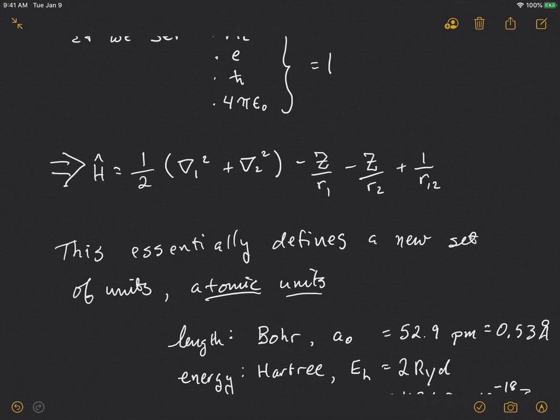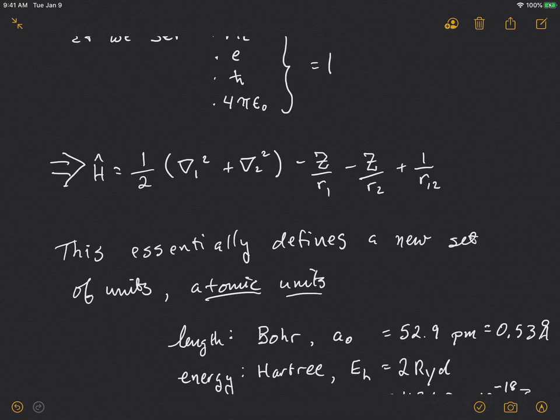The natural unit of length in these atomic units is the Bohr radius, given by a0. And we can convert between this atomic unit of length, the Bohr, and those terms can be used interchangeably.